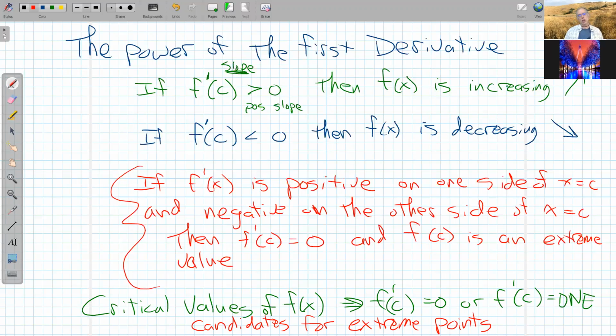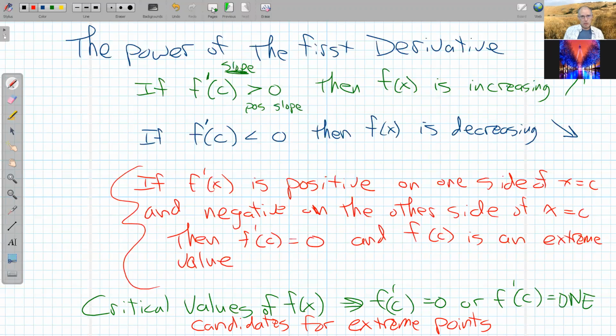So they give us a starting point. If we can find the places the derivative is 0 or undefined, then we have potential extreme values. Then we have to go further and ask, did the derivative actually change sign? And if it changed sign, we can say, oh, okay.